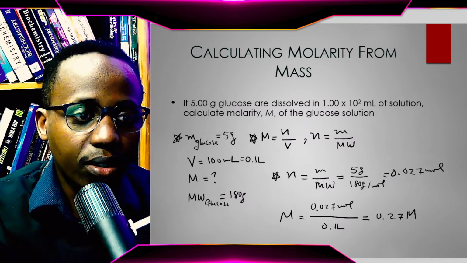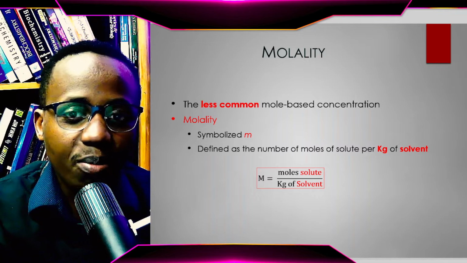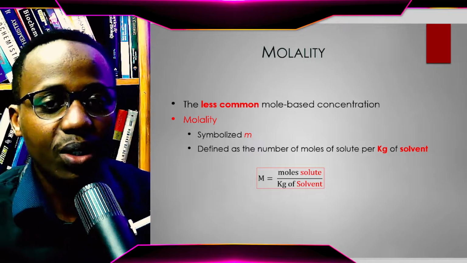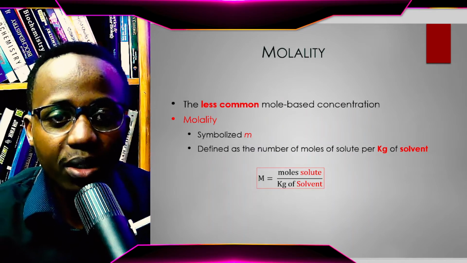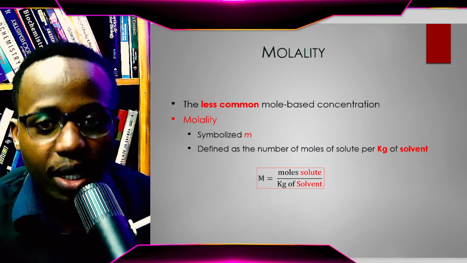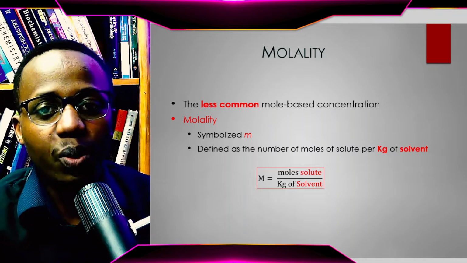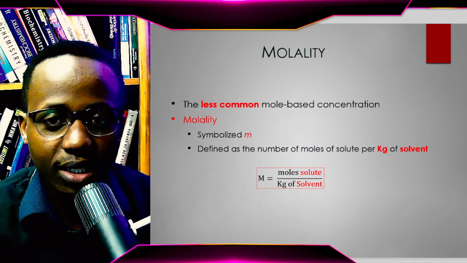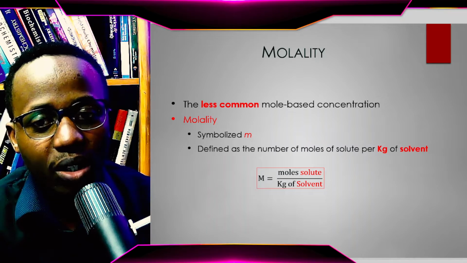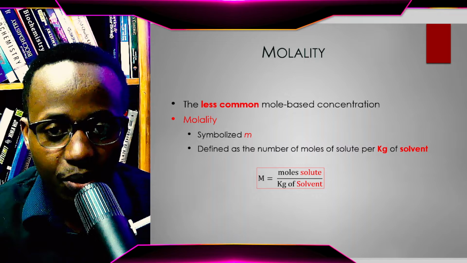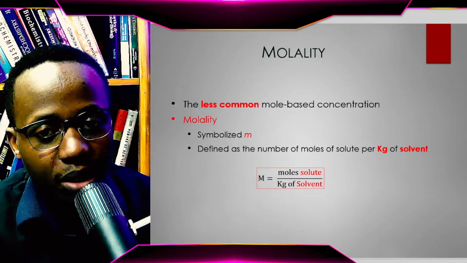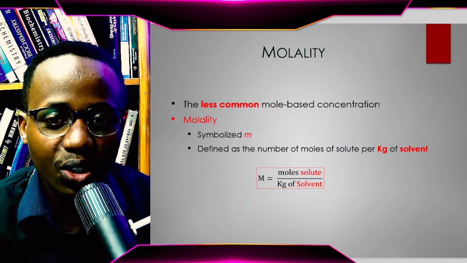All right, so let's talk about molality, with the L. This one is weird. We don't use this as much. It's the less common one, and we symbolize it with a small m. Some people confuse it with the mass, but no, this is the molality, right? It uses the moles of solute over kilograms of solvent. So you're still using the moles of solute at the top, but at the bottom, instead of the solution, we're using the solvent.